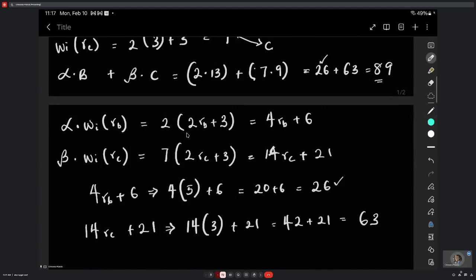So we can see that this guy and this guy are the same, right? And this guy and this guy are the same because they're actually the same thing. So if we add both of them, that will just be 26 plus 63, which is 89.